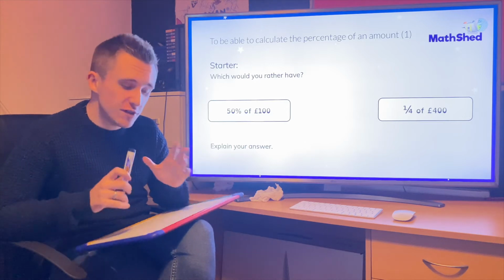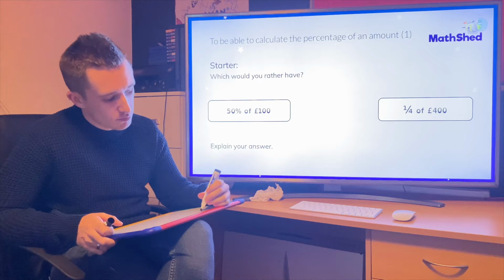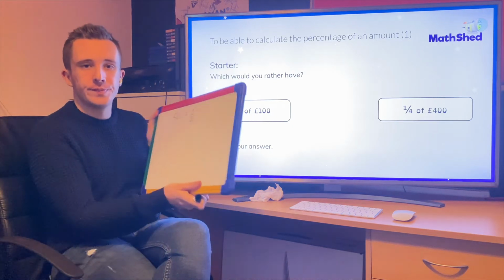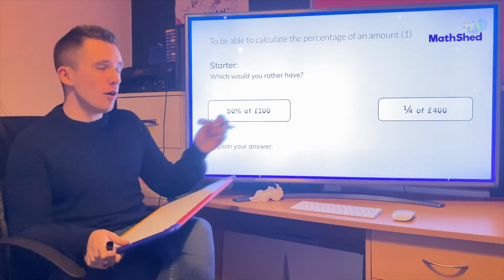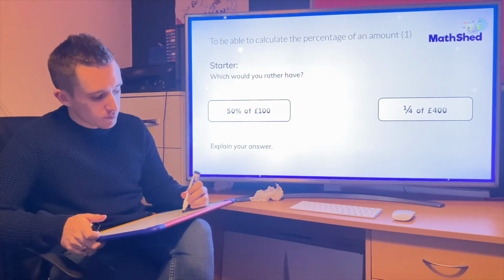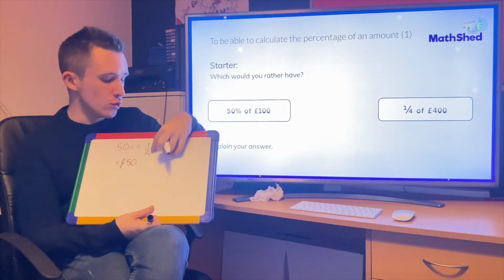We know 50% is the same as half, because we've looked at that last week. So half of £100 would be £50 because we divide it by 2.